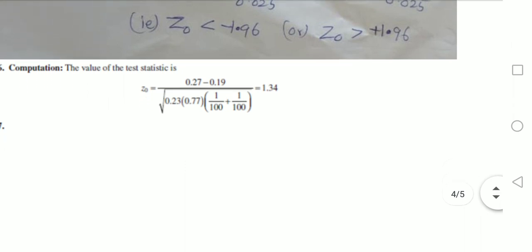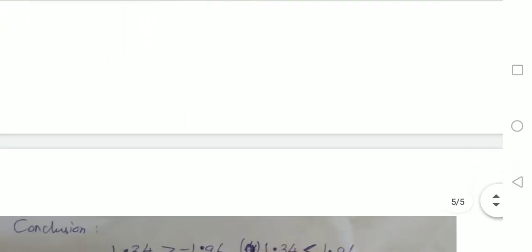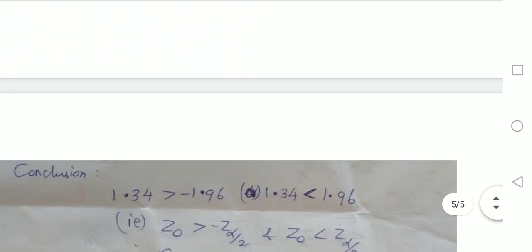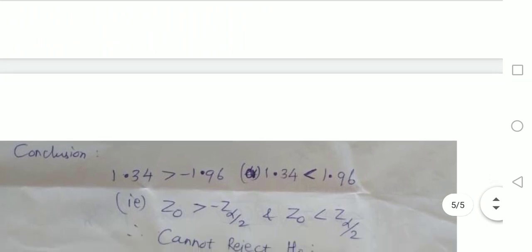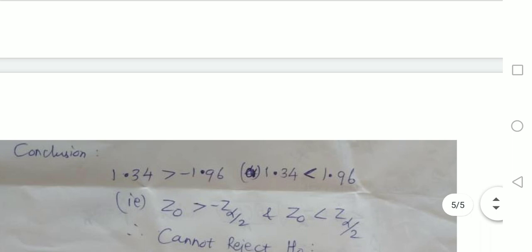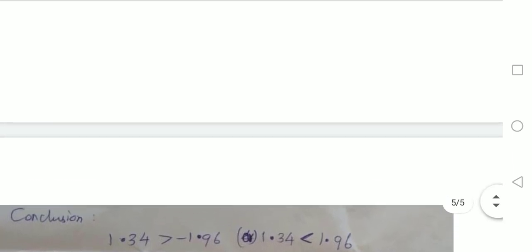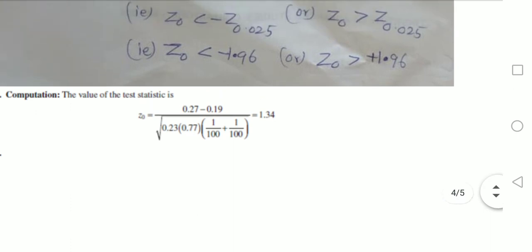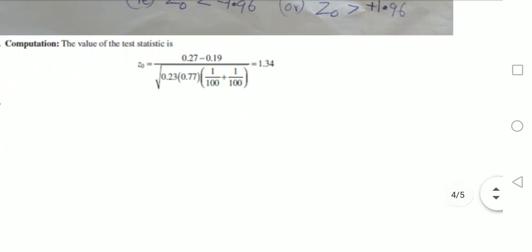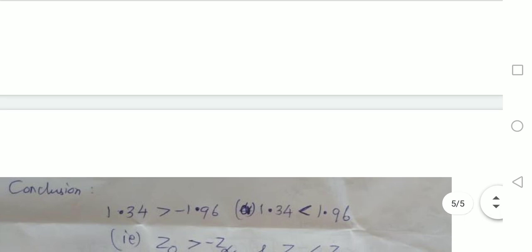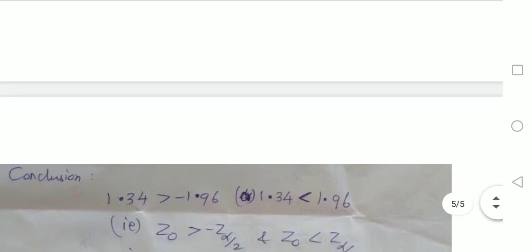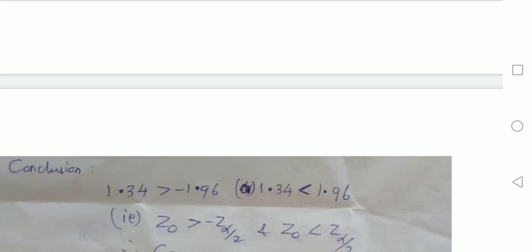And the rejection criteria is, so here the conclusion using the rejection criteria and the computed value: 1.34 is greater than minus 1.96, and also 1.34 is less than 1.96.